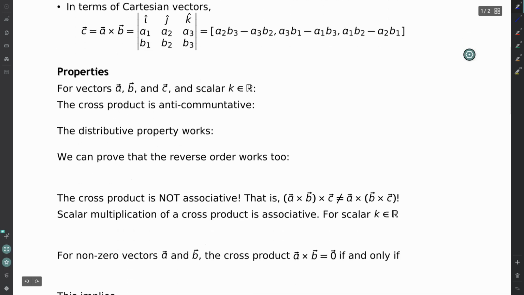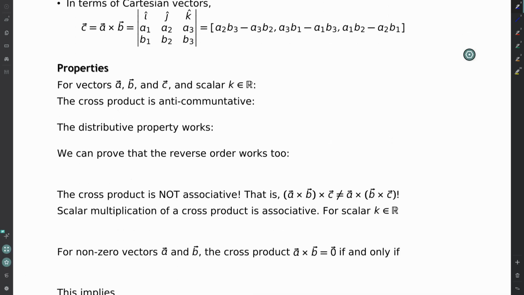Let's look at some properties of the cross product. The first thing, we've already seen this, is a consequence of the right-hand rule. The cross product is anti-commutative, so if we cross A vector and B vector, that's opposite B vector cross A vector. You can see that using the right-hand rule.